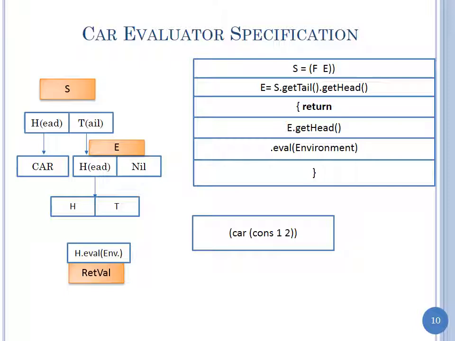So what will this head be? So it will be cons. Right? And then the tail will point to another structure whose head will be 1 and 2. So what will I return here? Anybody, somebody other than Nathan? What are we going to return here?